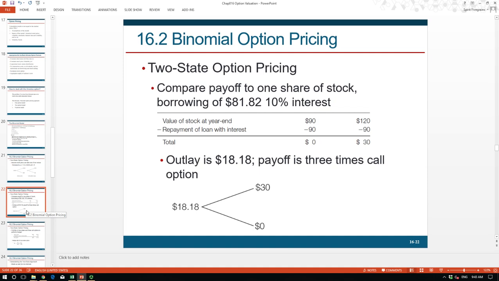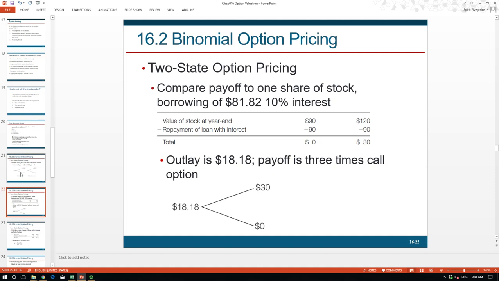And how much do you borrow? You borrow $81.82. What is that? That is actually the present value of a $90 loan. So in the future, you're going to pay back $90, right? But today you borrow $81.82, and in the future you pay back $90.